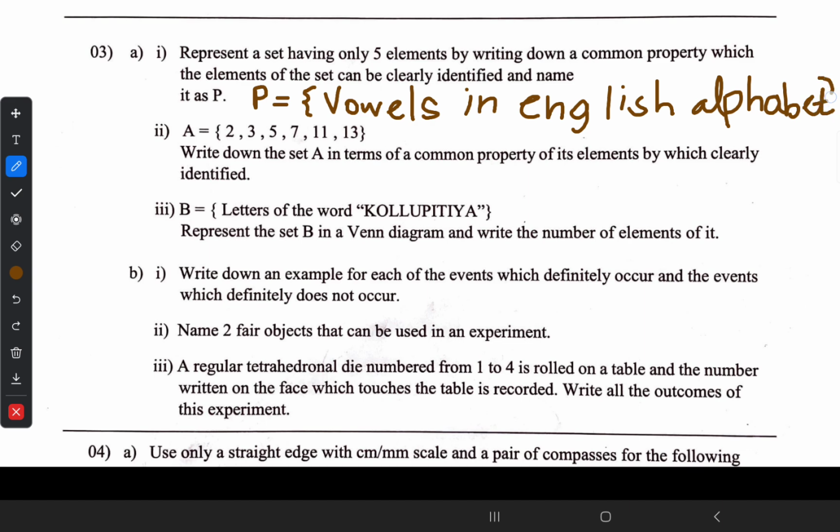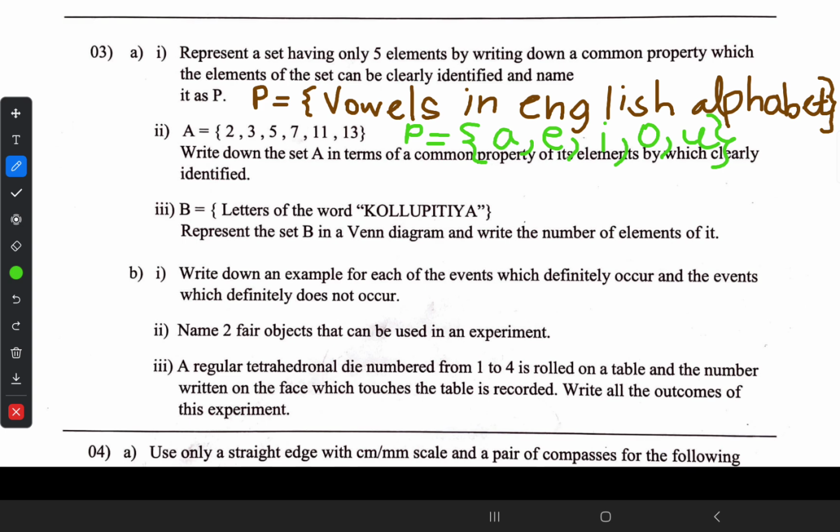Okay, this is the name of our set P. Likewise, you can write any of these names, but in that set there are only 5 elements. You can name a set with 5 elements and its elements. The elements belonging to set P are A, E, I, O, and U.